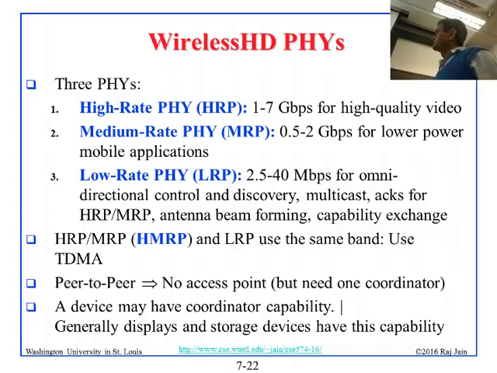And LRPs, they use the same band and use TDMA. So you know what that means is that they will do time division multiple access if they're at the same place. Peer-to-peer, no access point, need one coordinator.